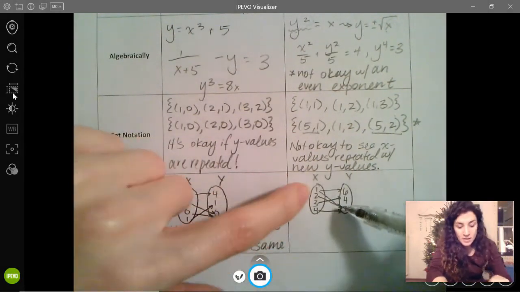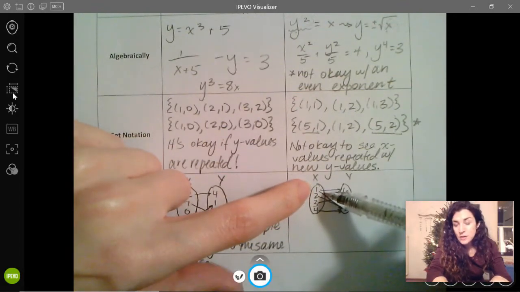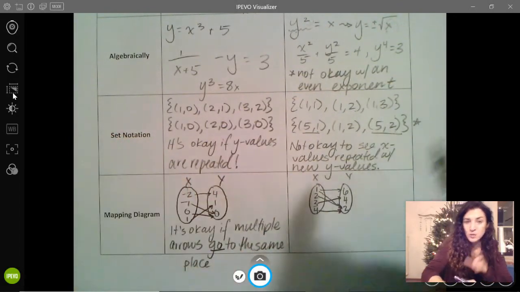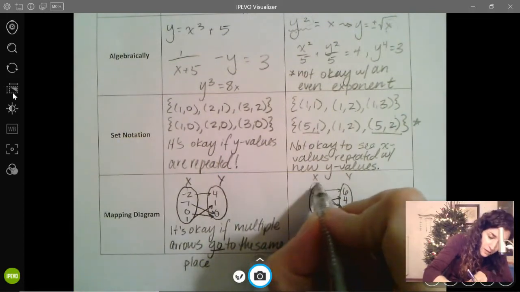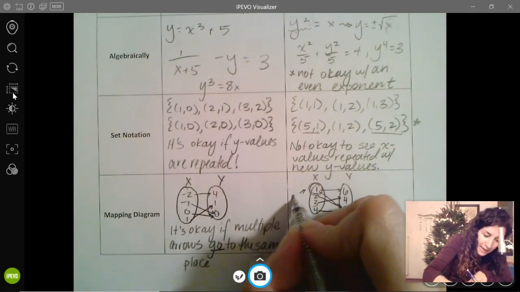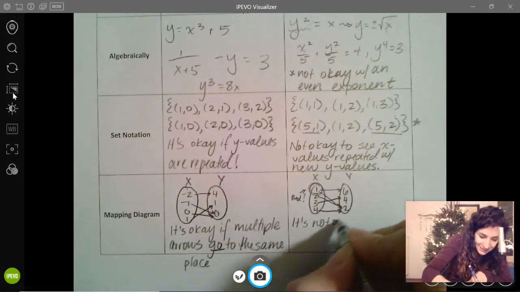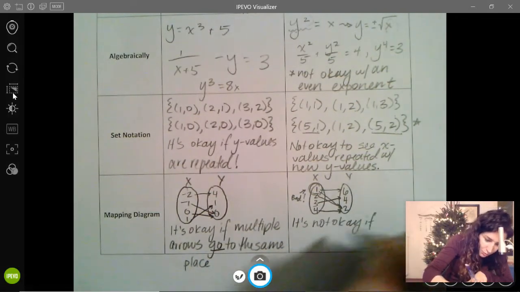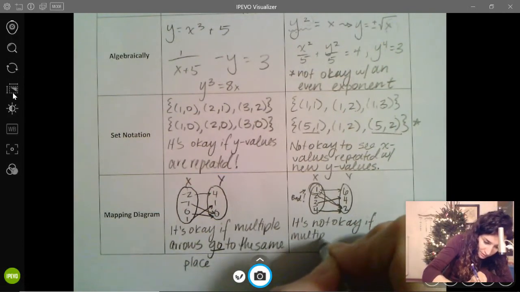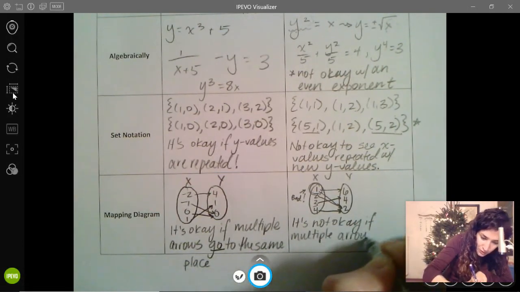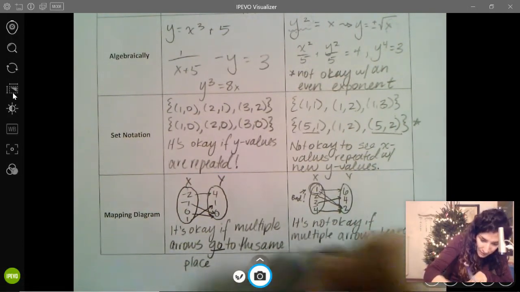The thing here that's not okay is that you have 2 arrows that are leaving from 1. So it's not okay. So we can circle that as bad. It's not okay if multiple arrows leave from the same place.